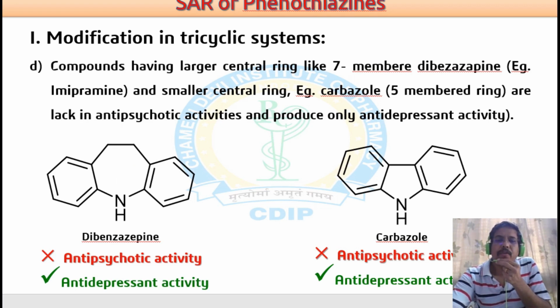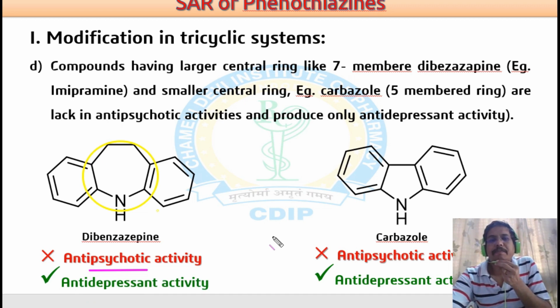If you convert it into 7-member ring, the resultant compound is dibenzodiazepine, and these deviate from the antipsychotic activity, but they show tricyclic antidepressant type of activity.